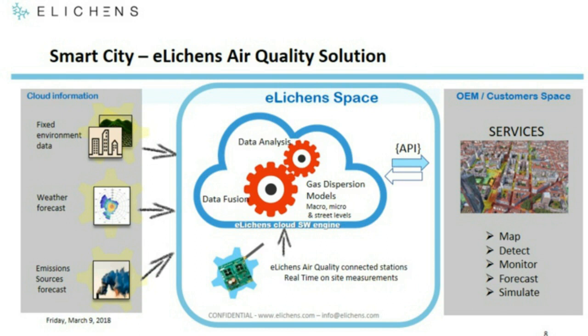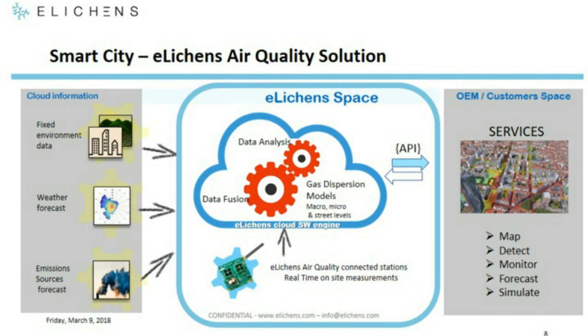We use those as an input within our hardware-assisted air quality solution, and it allows us to come up with, think of a coefficient of accuracy and calculation that allows us to provide air quality sensing at street level down to 10-meter accuracy. The data is then provided as an output via API that all the service providers, smart cities, clients, and customers can use to represent it and use it for mapping, detection, monitoring, forecasting, simulation, and so on and so forth.